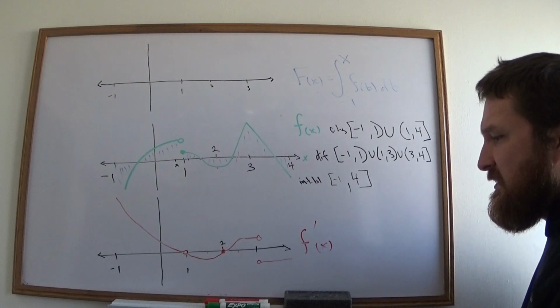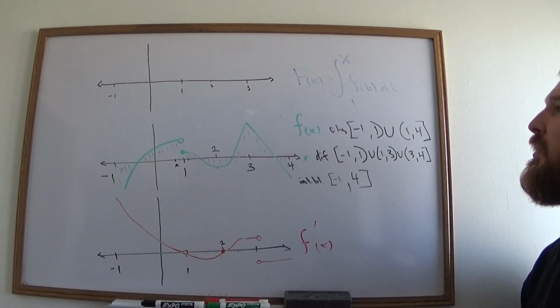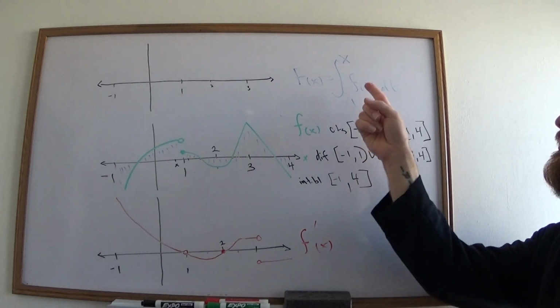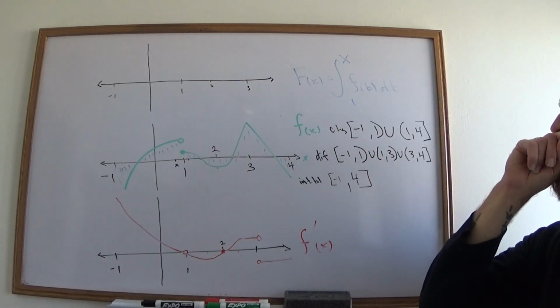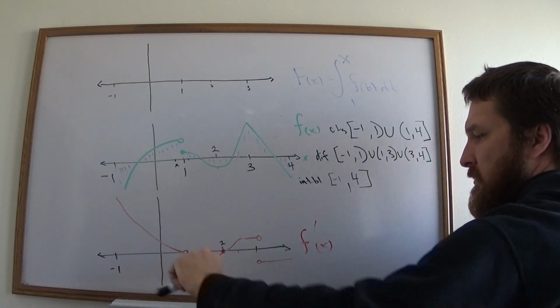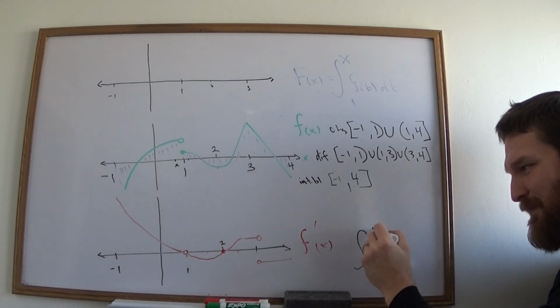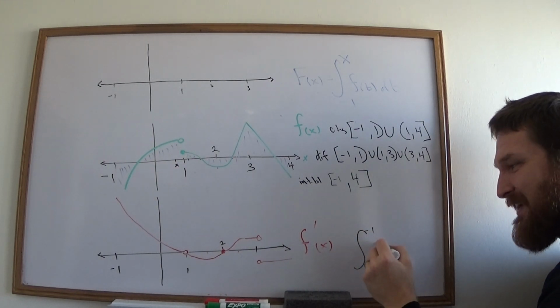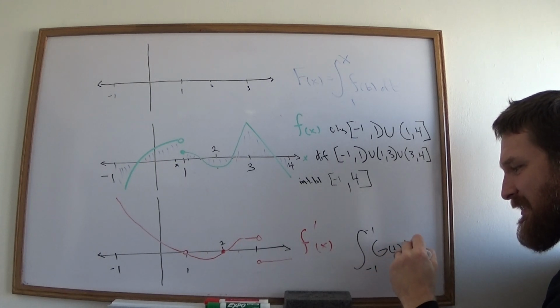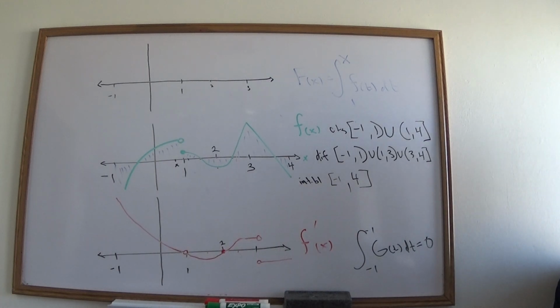But what's the value of blue F when x is equal to -1? I'm asking you, what is the integral from -1 to -1 of any function? Zero. So it should start at 0.